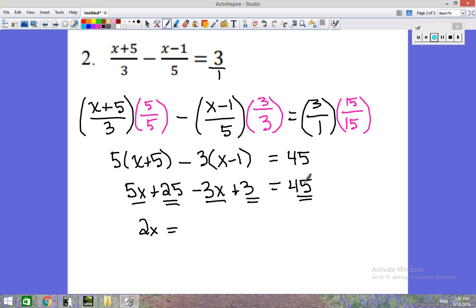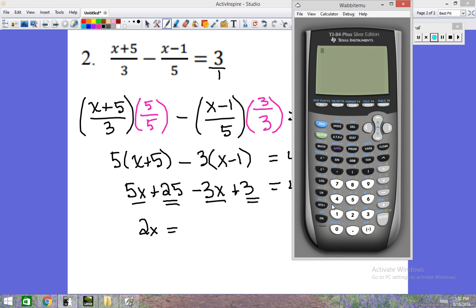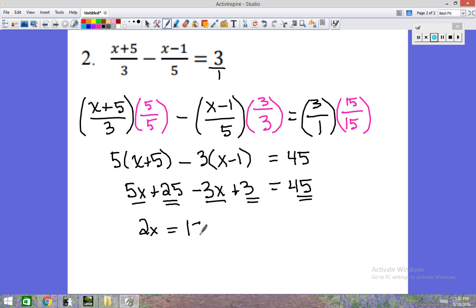So the 45 is exactly where we want it. The 25 and 3 is 28. So I want to take 45 minus 28. I don't want to make a silly mistake on the video. So hey, 17. I knew that. All right, and then 17 divided by 2.